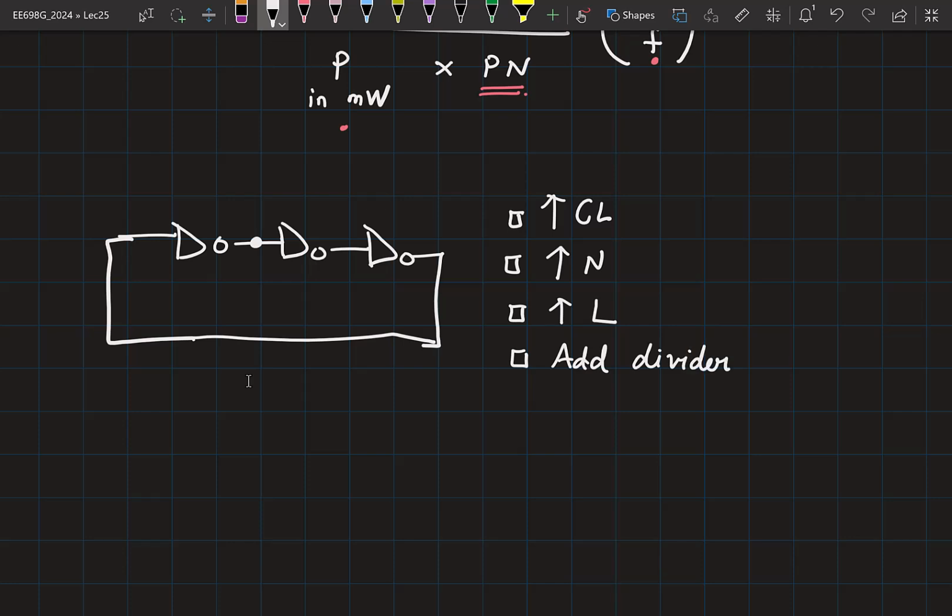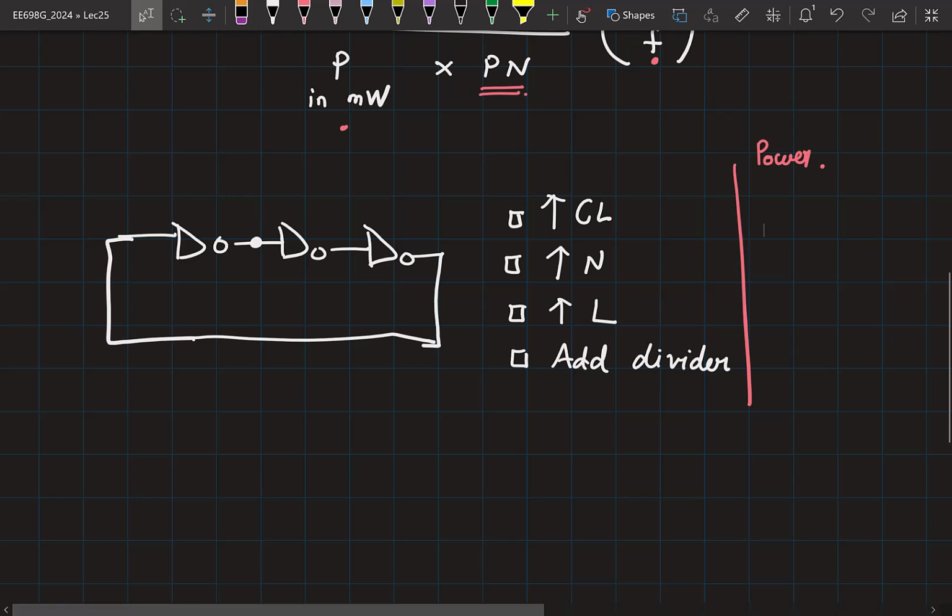We compared all 4 methods in terms of power. Can you look back and tell me how the results were? If I assume that the reference design had a power P0, what were the powers for all these cases? Look at your notes, feel free to discuss.